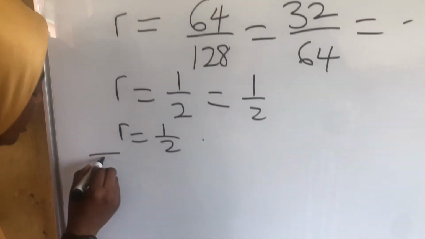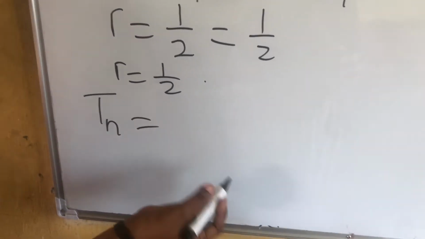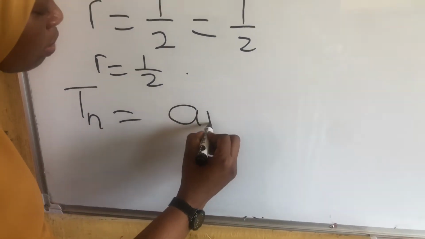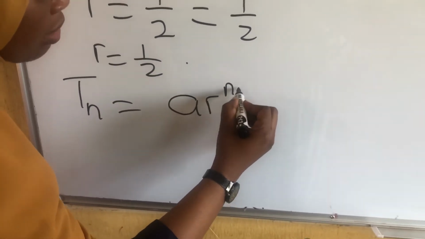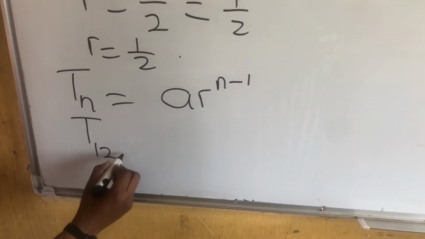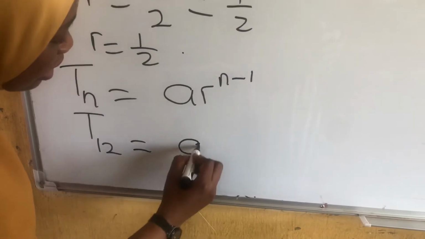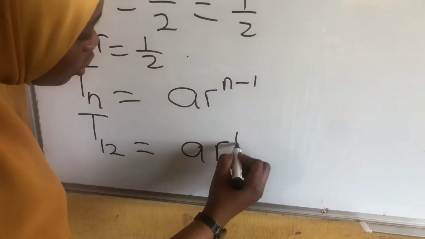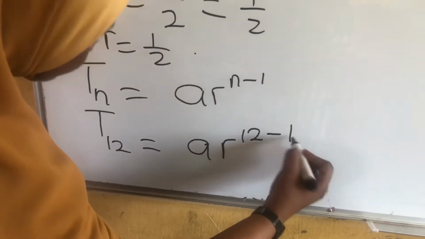So, the nth term generally is A multiplied by R to the power of n minus 1. So, to find the 12th term, it is equal to A multiplied by R to the power of 12 minus 1.